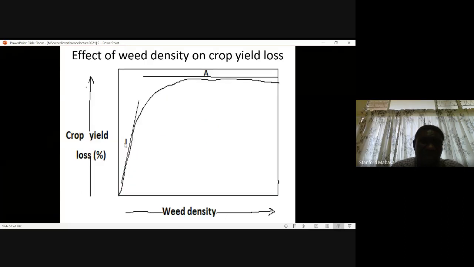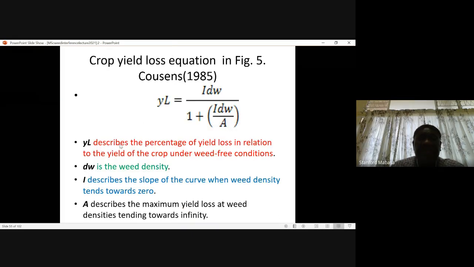That is the slope of the curve. So I in that equation is coming from here. Dw is the density. So the top part means slope times weed density, I Dw.